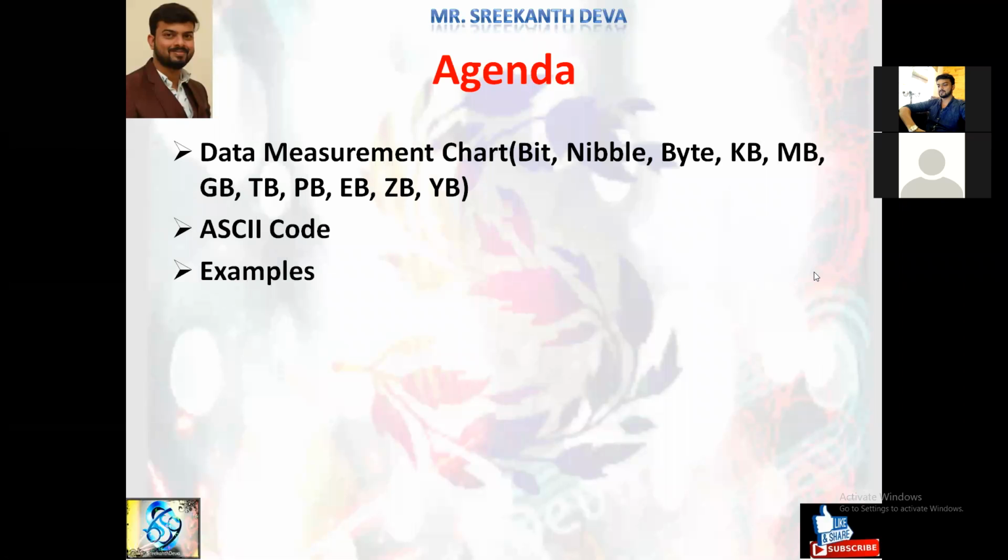In the previous video we discussed what a bit is, how to calculate these bit representations, and how to make the combinations of bit representations. In this session we try to discuss the actual data measurement chart.